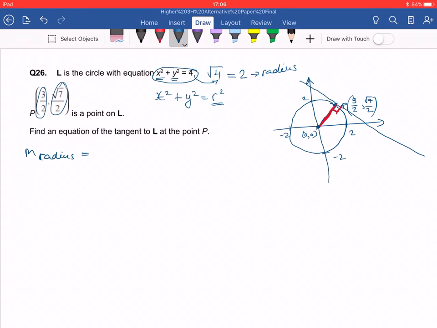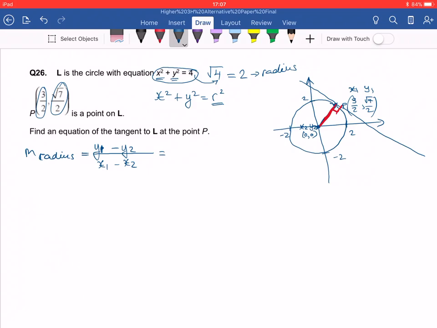So we hopefully remember that we've got change in y over change in x. If I call this one x1, y1 and x2, y2, I can do y1 minus y2 over x1 minus x2. Just to recap the formula.